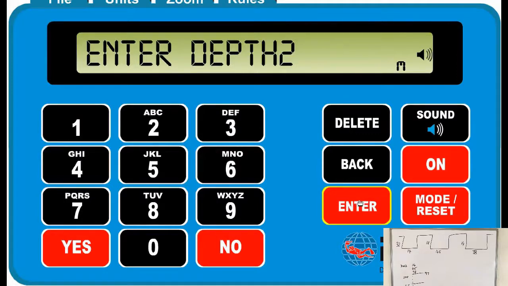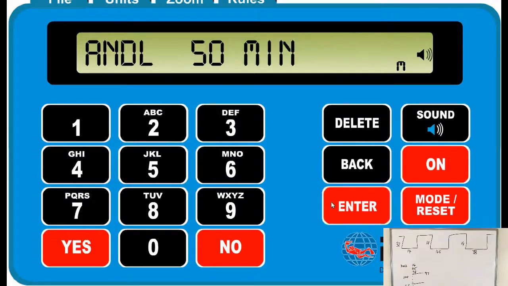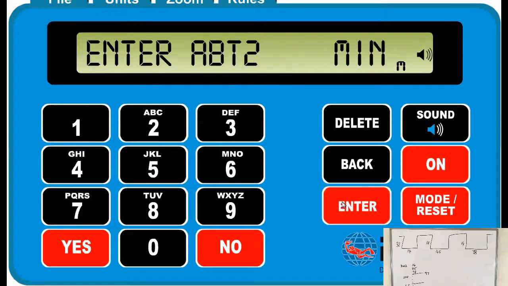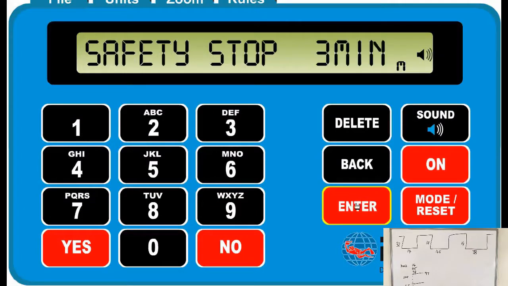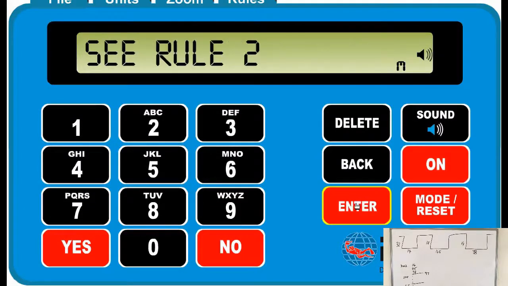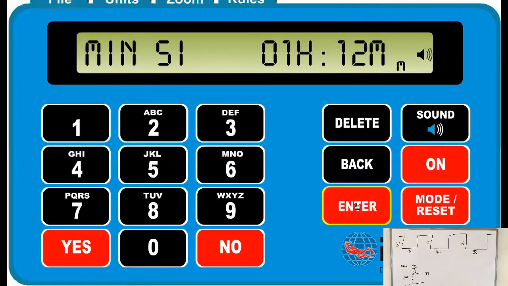The second dive is 18 metres, for 45 minutes. It's another 3-minute safety stop. And we've found that we've got a minimum surface interval of 1 hour and 12 minutes.